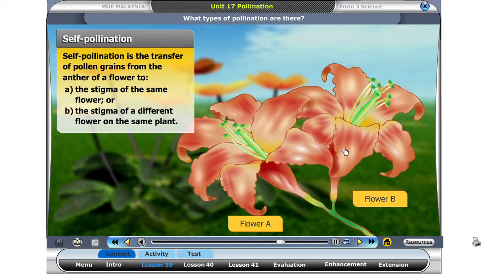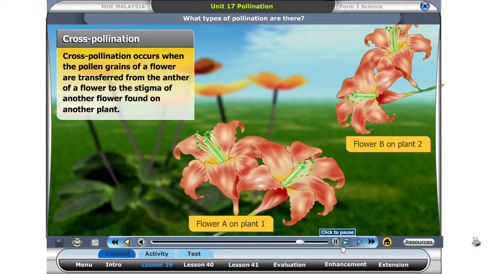Self-pollination occurs when pollen grains are transferred from the anther of a flower to the stigma of the same flower or to the stigma of a different flower on the same plant. Another type of pollination is called cross-pollination.